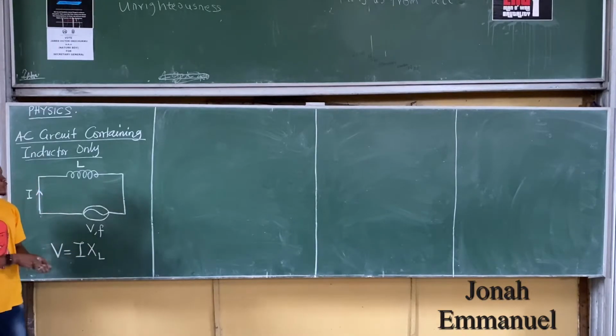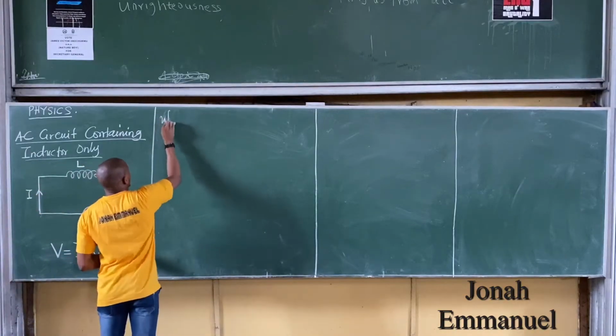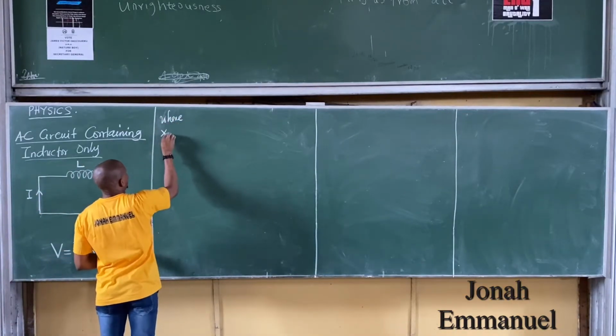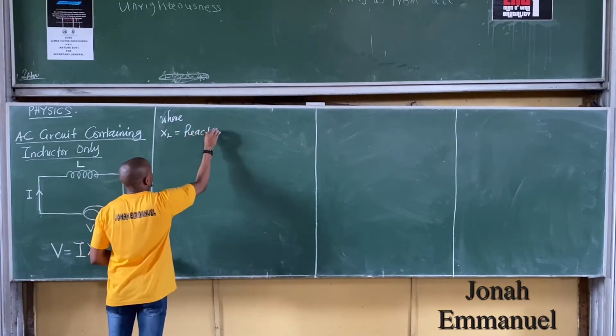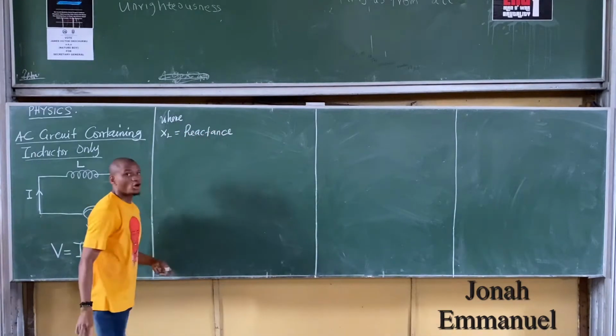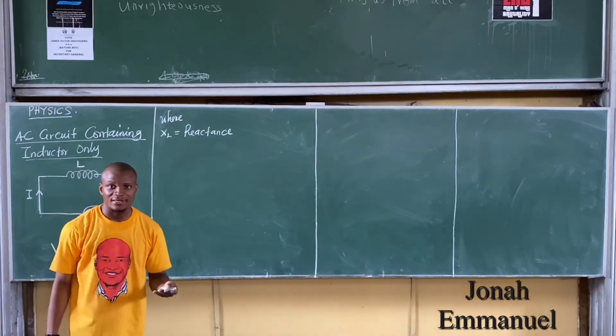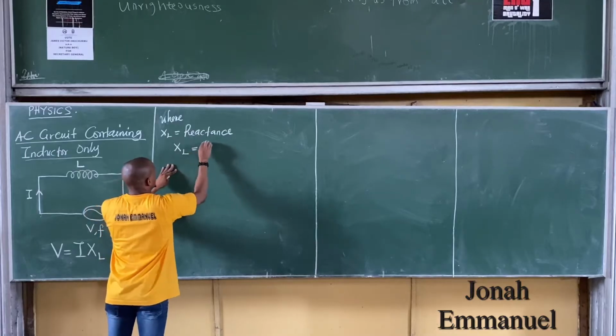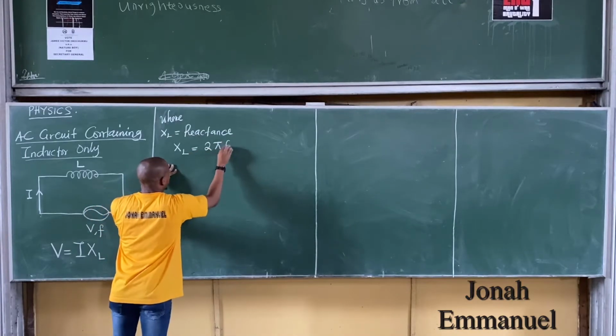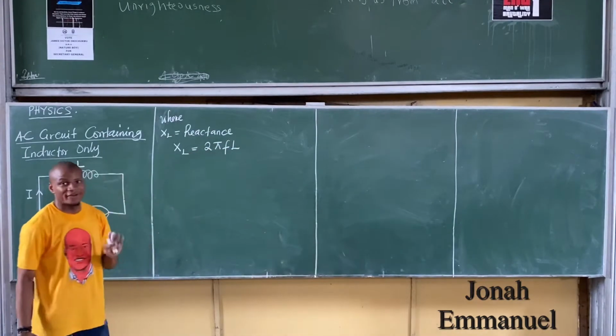XL is called what there? The reactance of the inductor circuit, and XL is equal to 2 pi fL. See the difference.